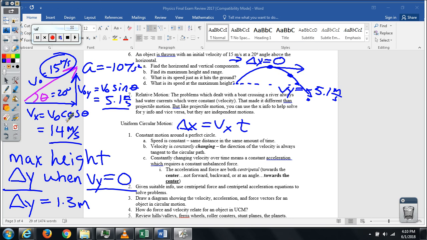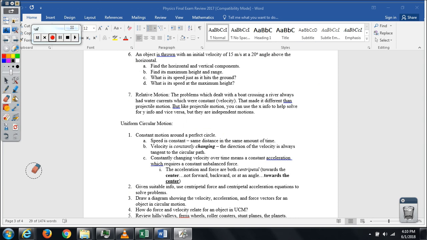So now the next piece here is relative motion. The problems that we worked on were like the boat crossing problems, and that has a similar idea to projectile motion, that you can take what looks like one two-dimensional motion and break it up into two one-dimensional motions.